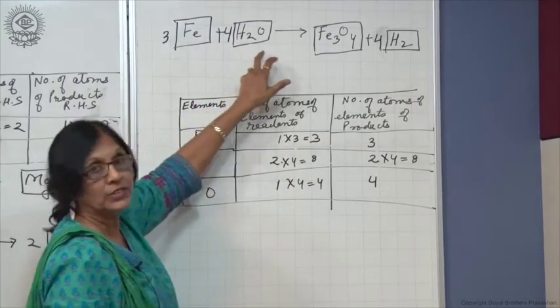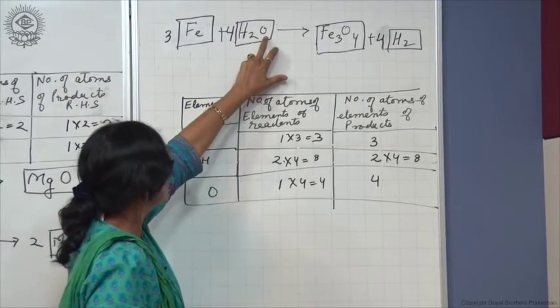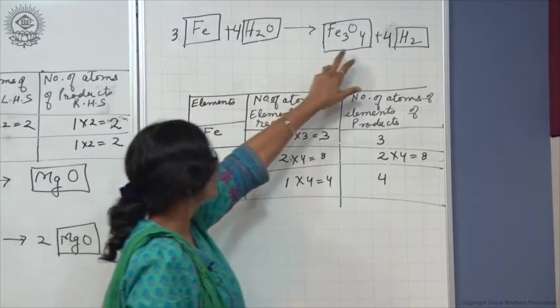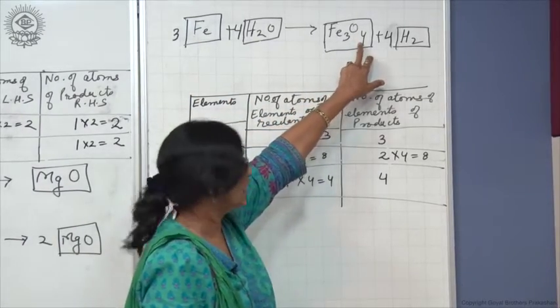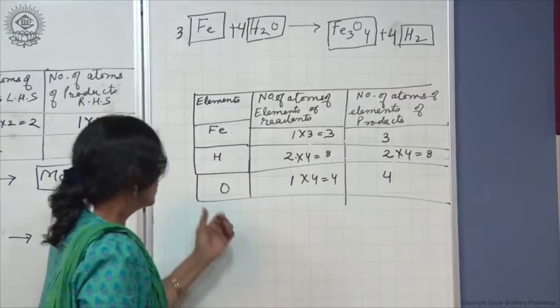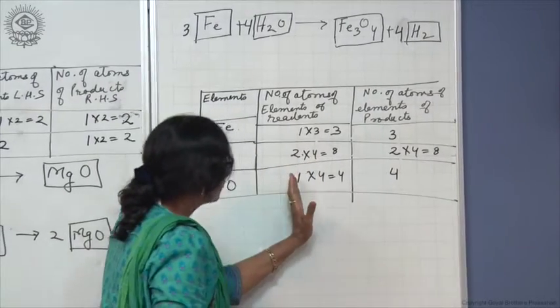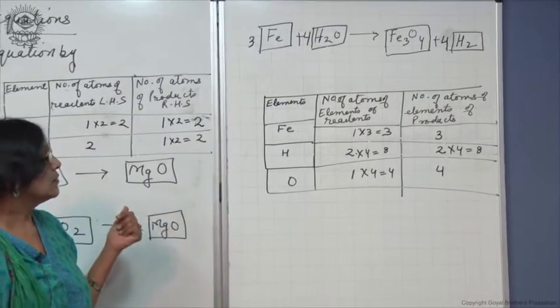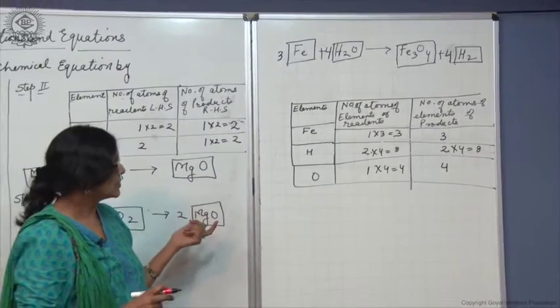Then how many oxygen atoms? 4 into 1, that is 4 oxygen atoms on the left hand side, and here also O4, that is 4 oxygen atoms on the right hand side. So this shows that the equation is balanced. So by this hit and trial method, we can balance the chemical equation.